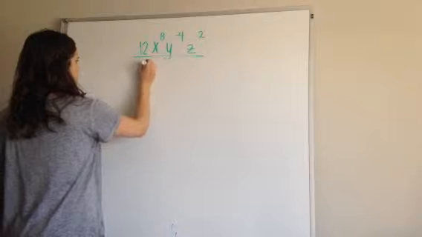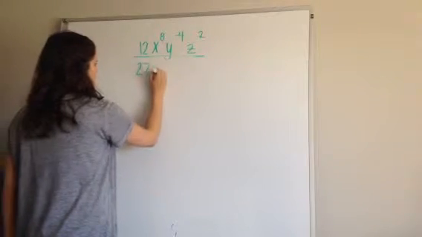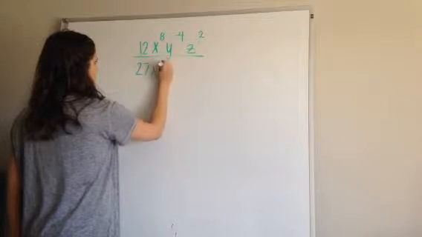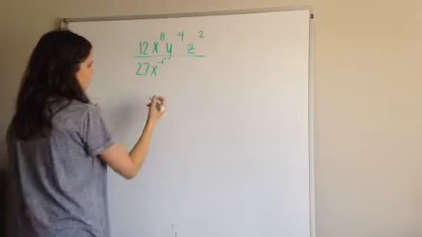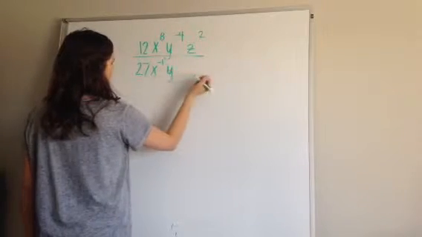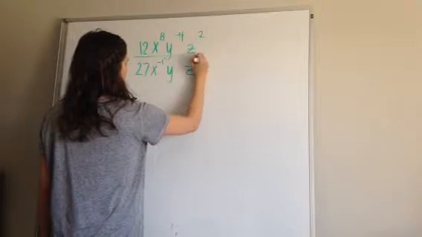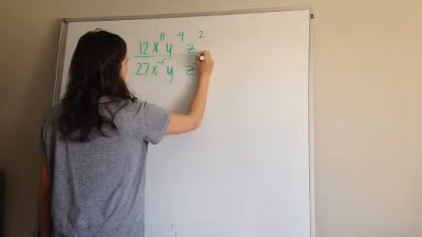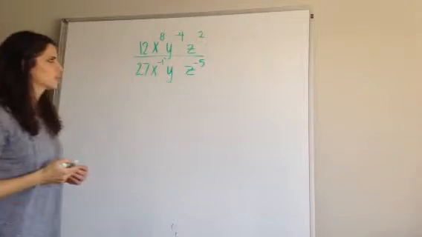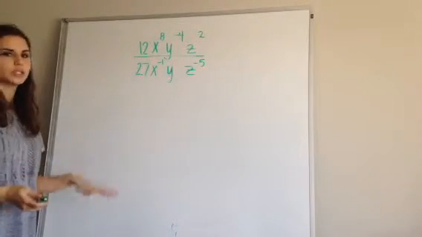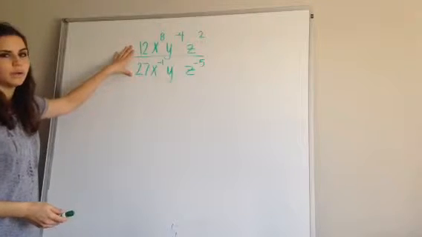Okay, let's do 27 x to the negative 1st, y, and z to the negative 5th. Okay, so first let's start with our big numbers out front.